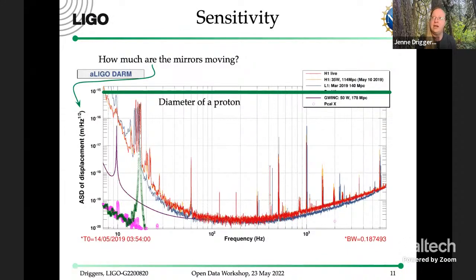And how high above the baseline noise the signal is can give us information about how well we are able to measure that signal. And obviously we would like to improve and lower our baseline noise sensitivity so that we can continue to measure gravitational waves with higher and higher fidelity.